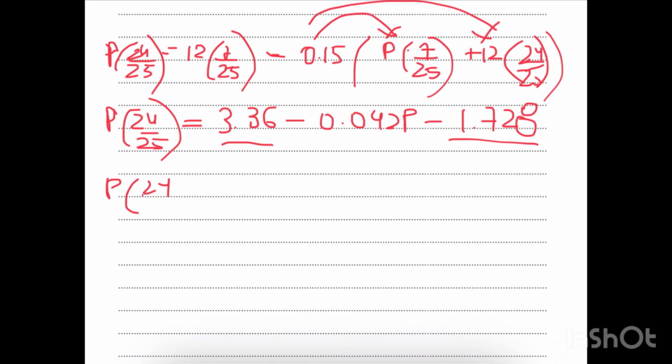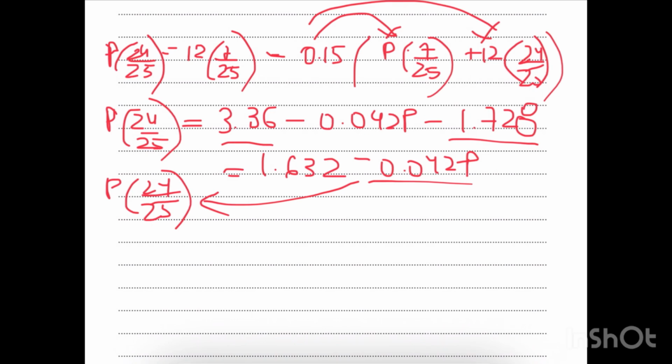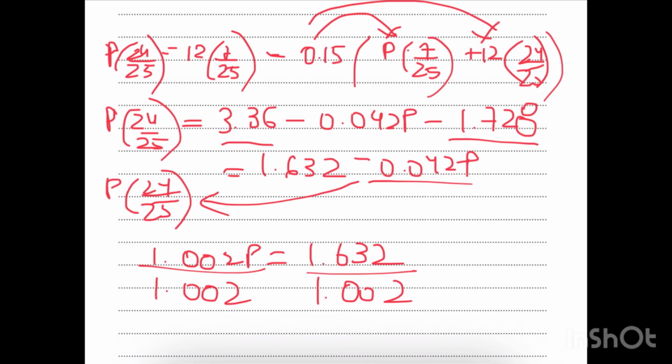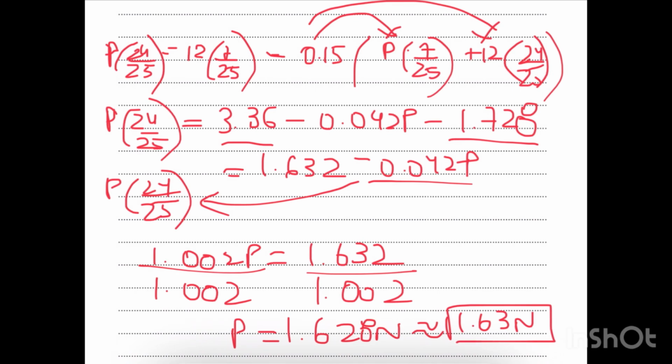We get 1.632 minus 0.042P. Taking this 0.042P to this side, since they are like terms, we get 1.002P is equal to 1.632, and dividing by 1.002 on both sides, we get P is equal to 1.628 newtons, and we can round it up to 1.63 newtons. So with that, we have the end of question number 6.